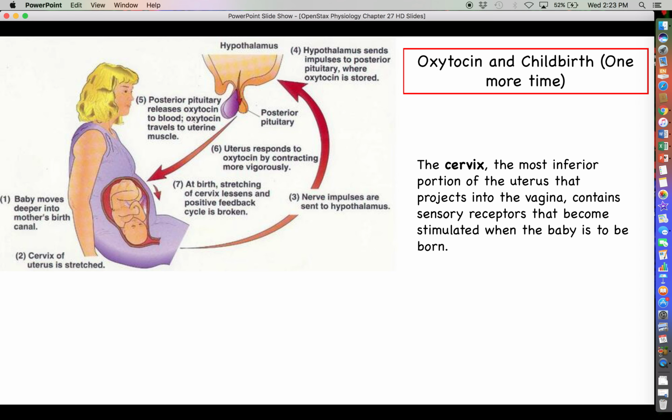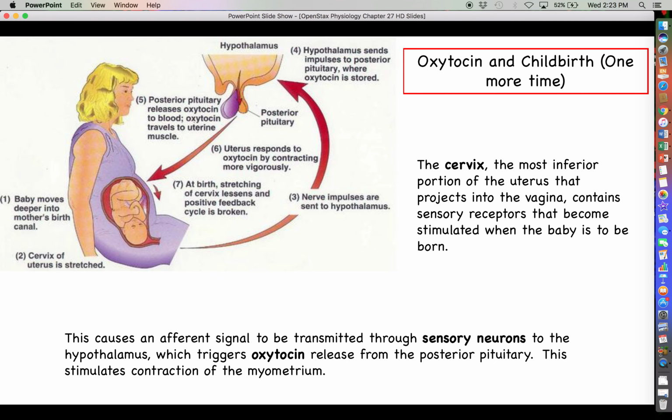So that really starts to get this positive feedback loop rolling in which the cervix is stimulated, which triggers an afferent signal sent through sensory neurons to the brain, specifically the hypothalamus. It will then trigger the release of oxytocin from the posterior pituitary, which then gets into the bloodstream and stimulates the myometrium of the uterus.